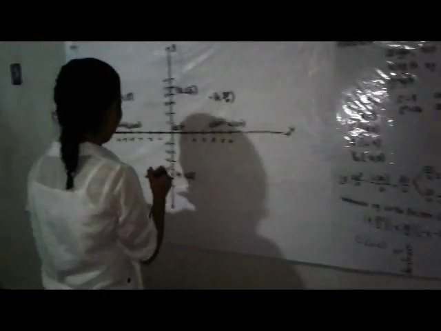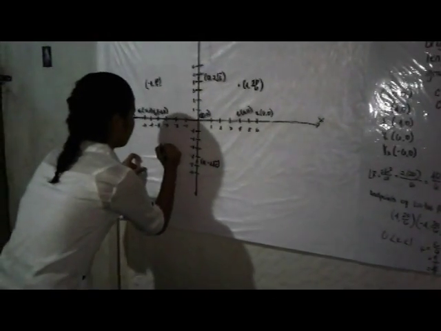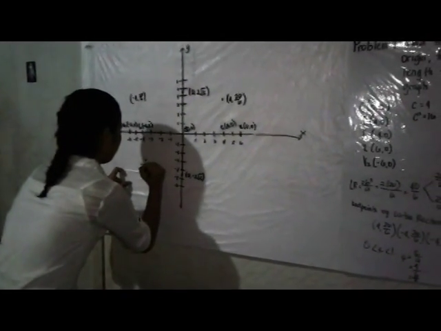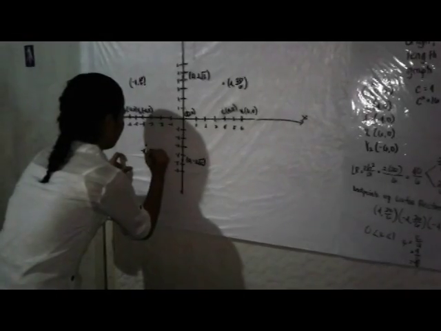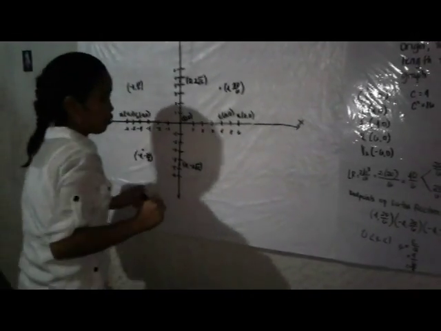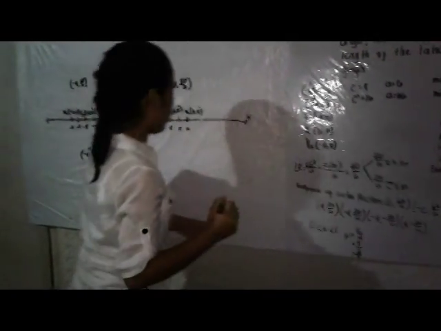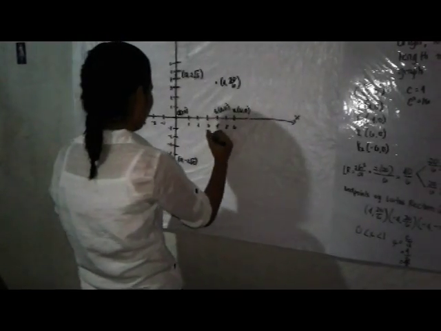The third one is negative 4 and negative 20 over 6. And the fourth one is positive 4 and negative 20 over 6.